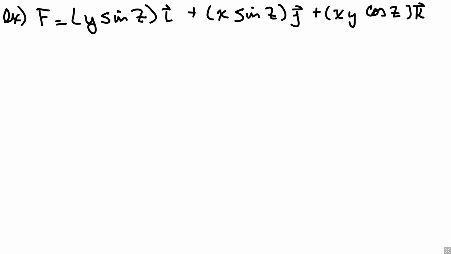Okay, so how we're going to start off is that we're going to say that the partial of f in respect to x is going to be equal to the first component. The first component is defined as y times the sine of z.